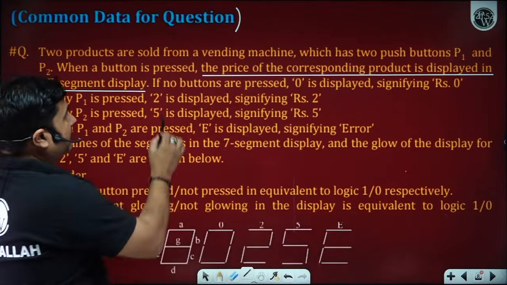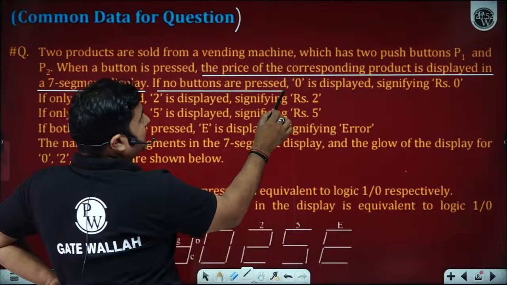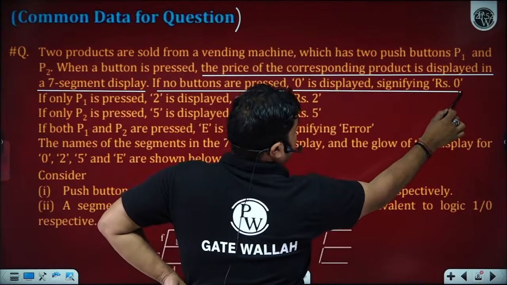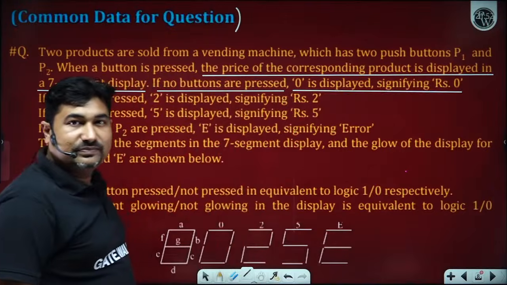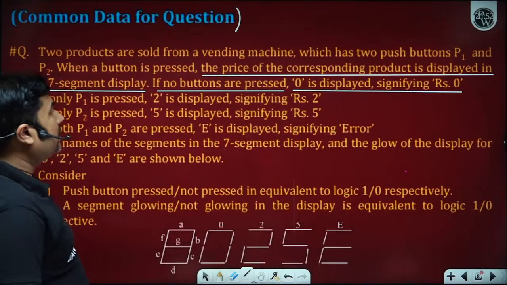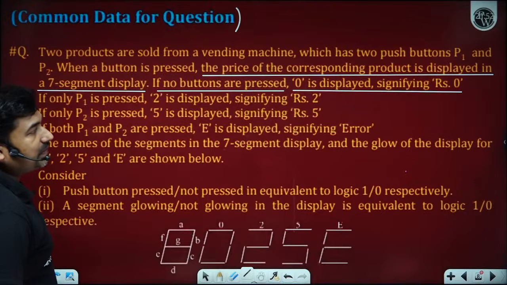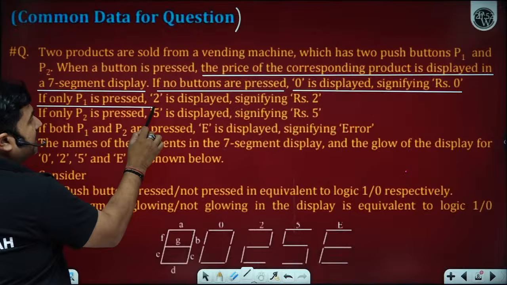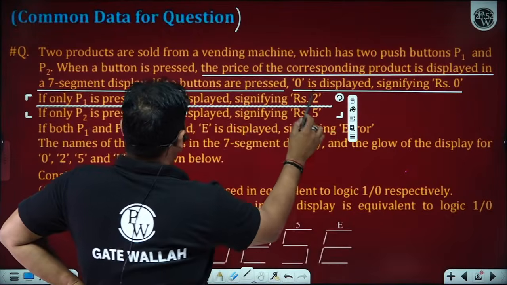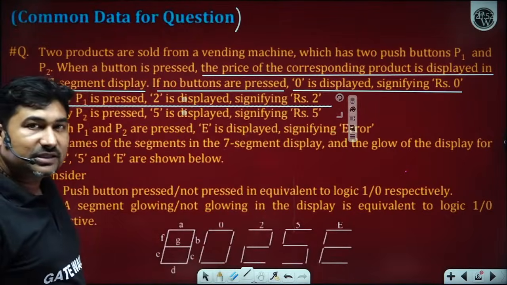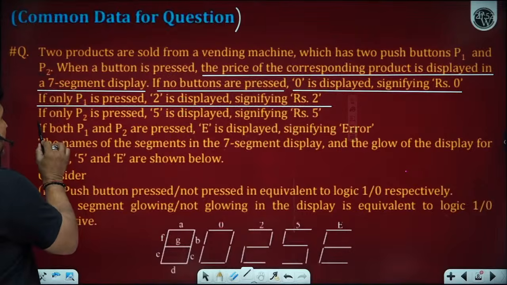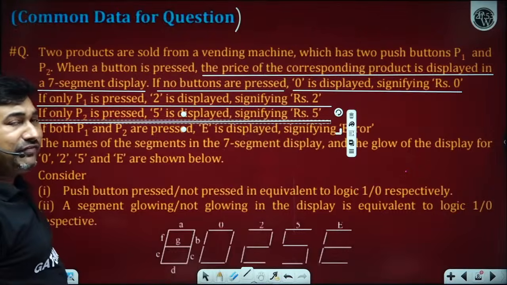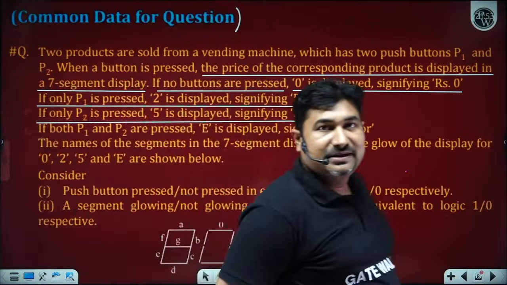If no buttons are pressed, 0 is displayed, signifying 0 rupees. If only P1 button is pressed, 2 is displayed, signifying 2 rupees. If only P2 is pressed, then 5 is displayed, signifying 5 rupees.